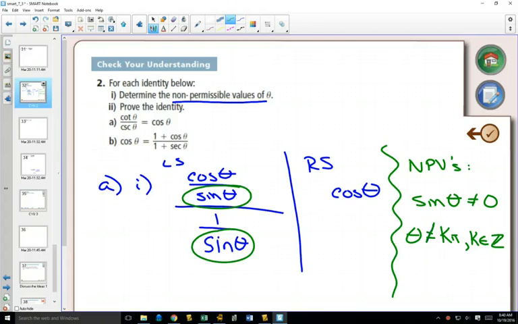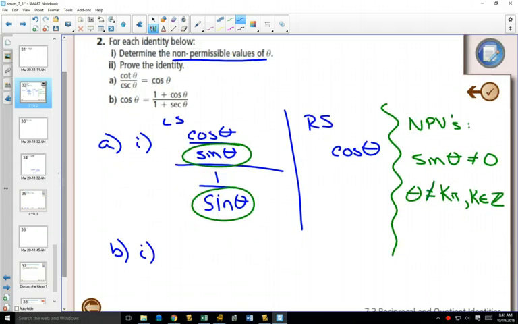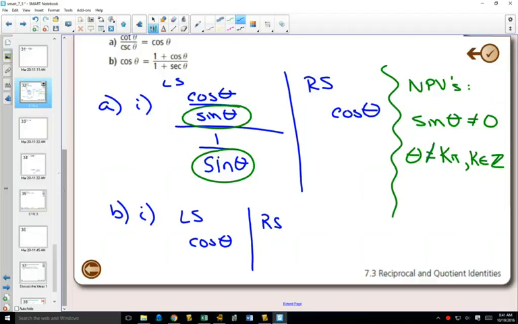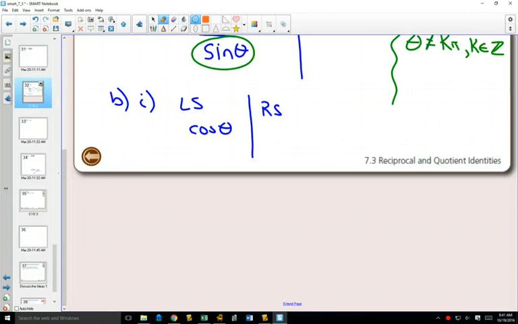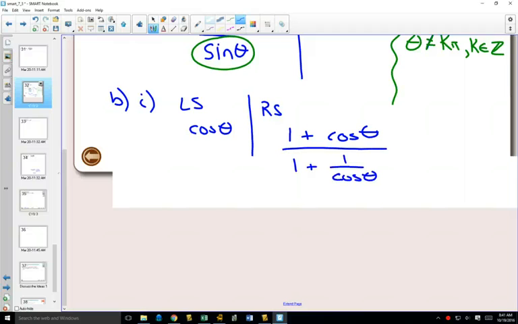So for the second one, before we prove them, we'll do the non-permissible values for both of those. On the left side of my equation, I have cos of theta. On the right side, I have 1 plus cos over 1 plus secant, and I'm going to change that secant to 1 over cos.